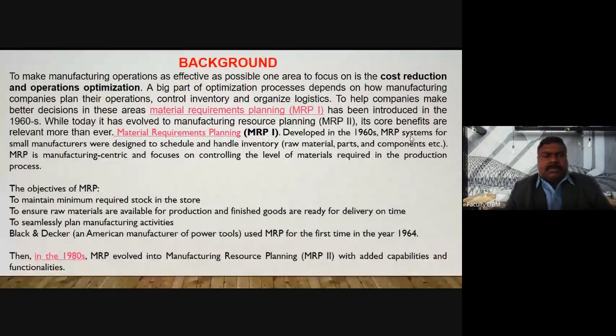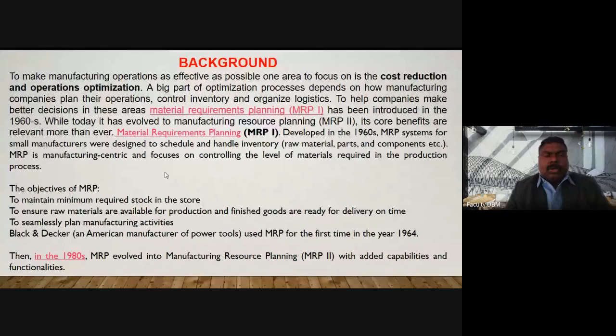MRP systems for small manufacturing were designed to schedule and handle inventory, that is raw materials, parts, and components, the spare parts, etc. MRP is manufacturing centric and focuses on controlling the level of materials required in the production process. So material requirement planning is a strategy wherein the material requirement is taken into control and they do the best.